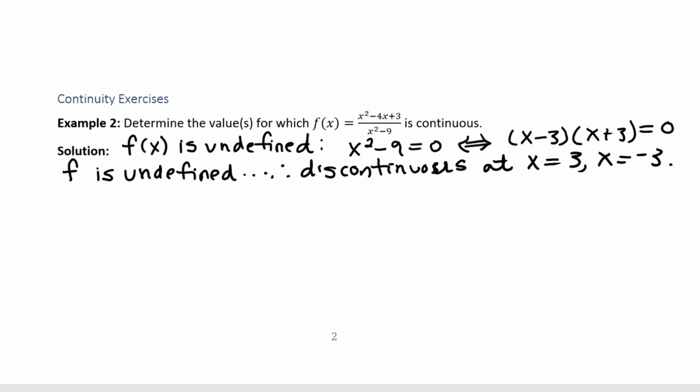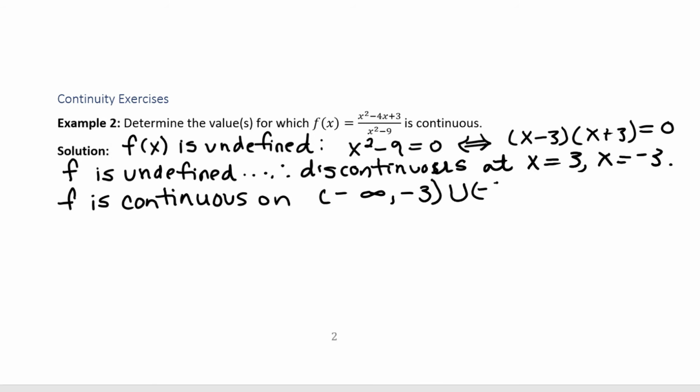The problem said determine the values for which f is continuous, not where it may be discontinuous. So let's answer. We'll say f is continuous on from negative infinity to negative 3, not including negative 3, union negative 3 to positive 3, neither of the endpoints included, union 3 to positive infinity.